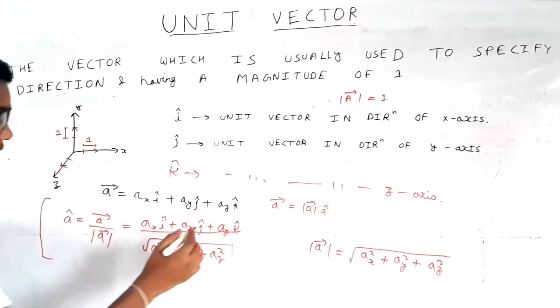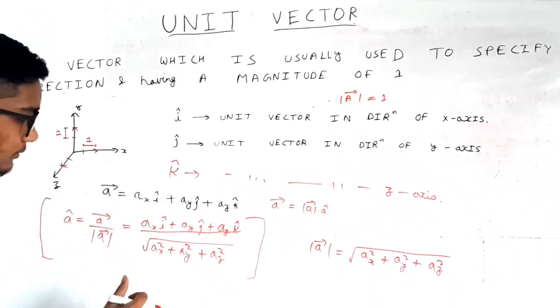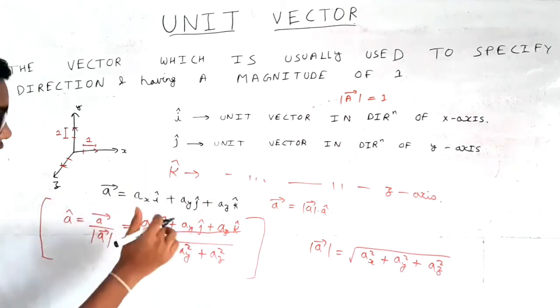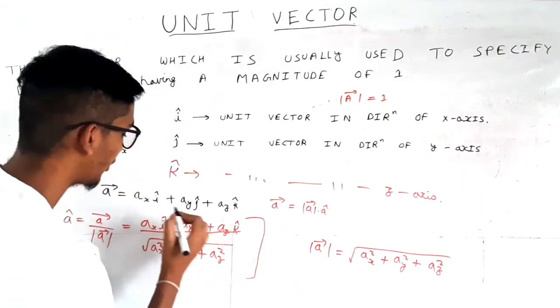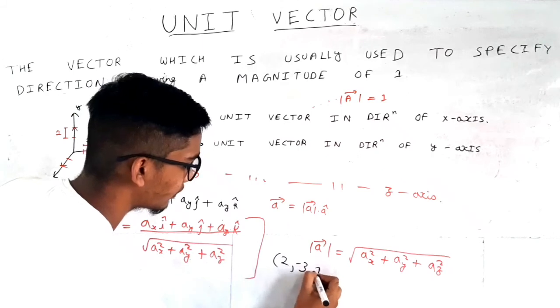If anyone asks you what is the unit vector of these kinds of quantities, you can solve it by this trick. In real questions, these things are given in points like 2, -3, 1.